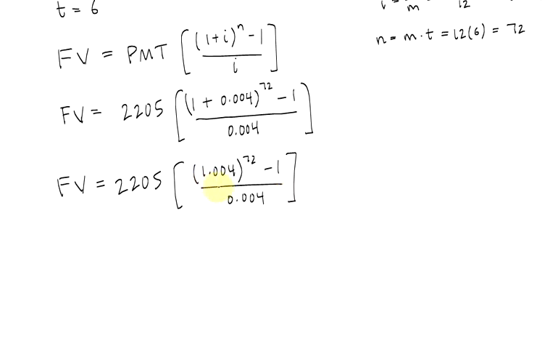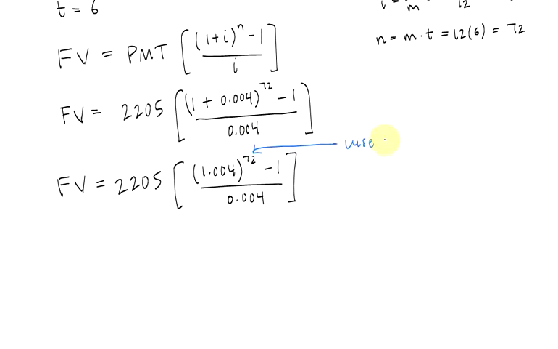Now I'm going to continue with the order of operations and simplify what's in these brackets. And within the brackets, we want to follow the order of operations, which means we want to simplify this exponent term first. And I want to emphasize that we need to use our calculator to do that.